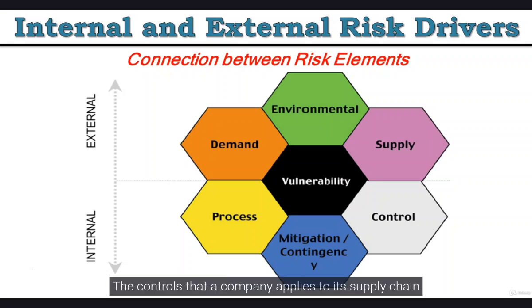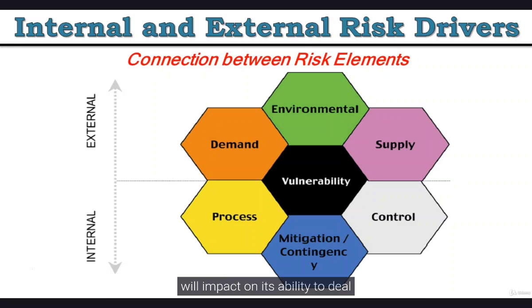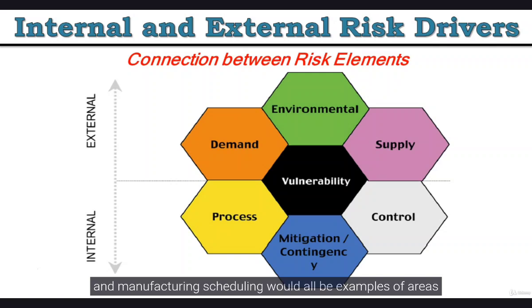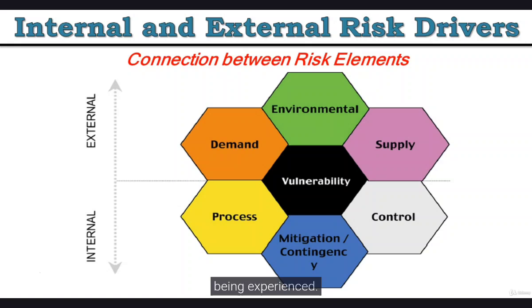Control risks. The controls that a company applies to its supply chain will impact on its ability to deal with demand, suppliers, and to manage the processes by which the company fulfills demand. Failures in inventory management, demand forecasting, and manufacturing scheduling would all be examples of areas where control breakdowns could lead to risks being experienced.